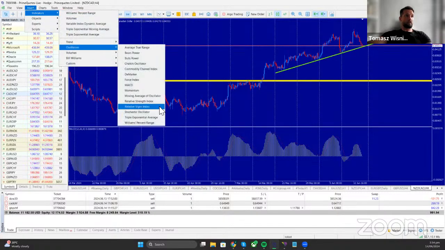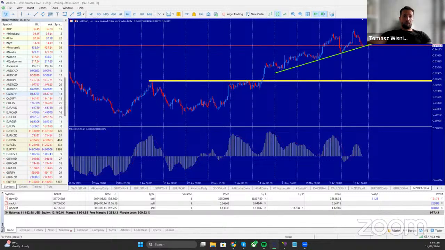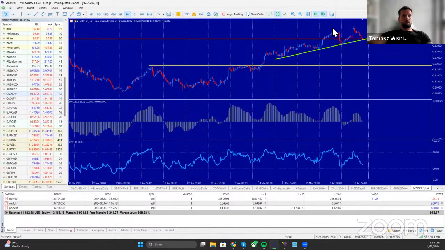When you have a double top and double bottom, price is making a higher high. And the divergence with oscillators means that this oscillator should more or less follow the price all the time. So when the price is making a higher high, the oscillator should make a higher high as well.